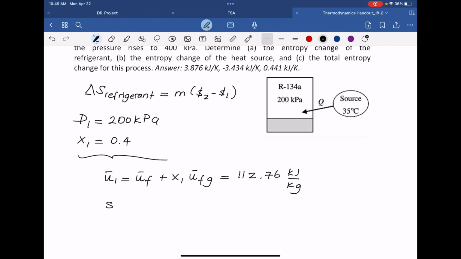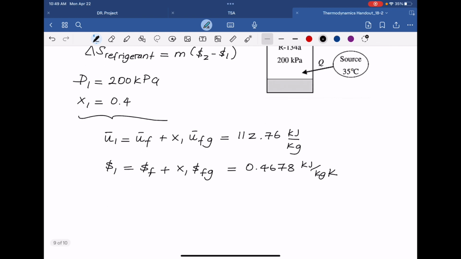Same, you find S1 using quality. So we can find the specific volume too, same way. I always make the same mistake for some reason.